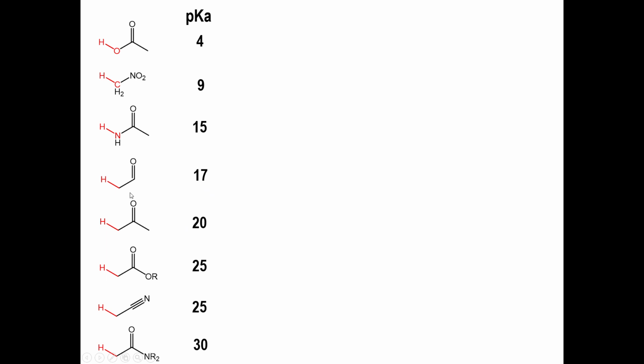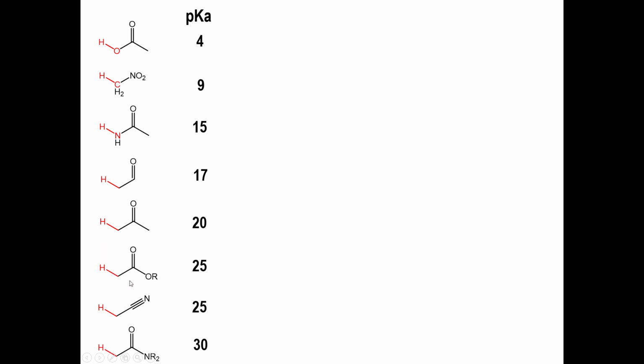And the reason for that is that now you don't have that highly electronegative element, oxygen or nitrogen, directly associated with this hydrogen, so you have less incentive to withdraw electron density away. So this proton's a little bit more basic, but not by much.